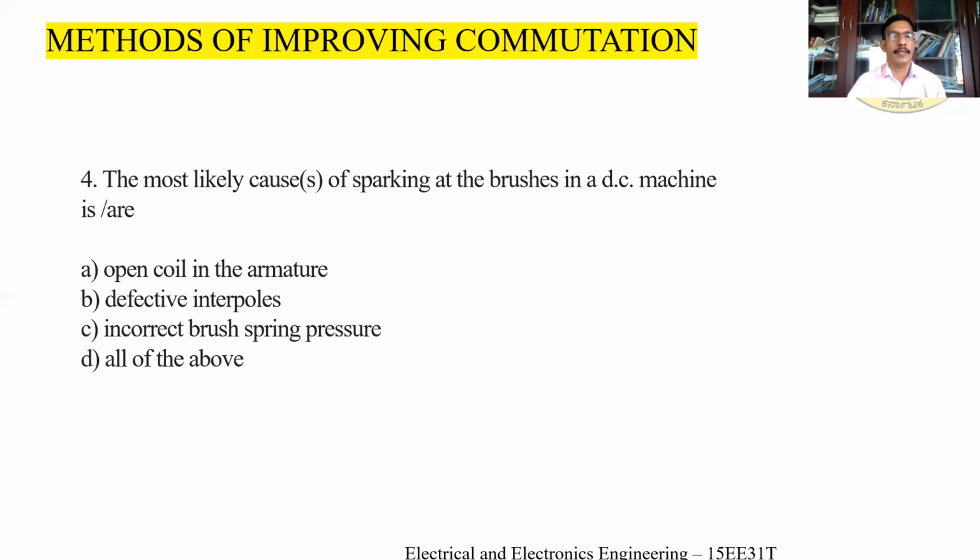Options are: A, open coil in the armature, B, defective interpoles, C, incorrect brush spring pressure, D, all the above. Here read all the options and choose the correct one. Sometimes all the above is also correct. Then select that answer.